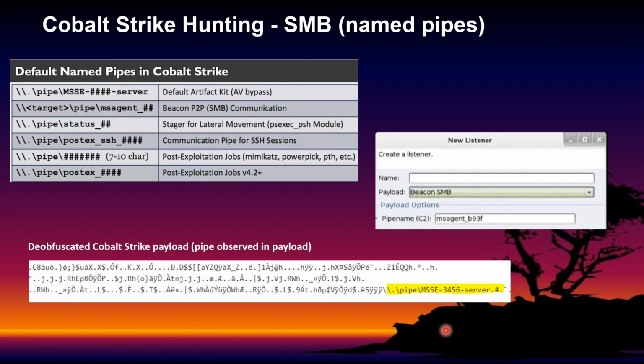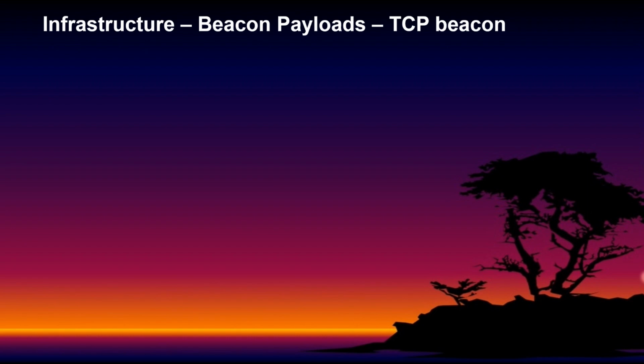Of course, you can never be 100% sure for what purpose, but if they're using the default Cobalt Strike profile, this is what this pipe should be used for. And yeah, that's it.